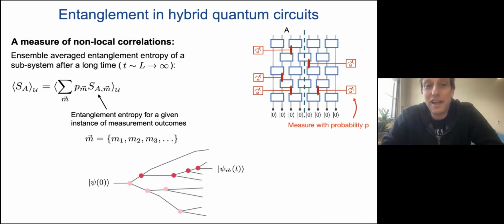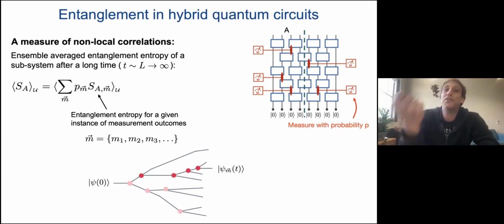Excellent question. I will show that more explicitly in about 3 transparencies, but what I'm averaging over is the entanglement entropy, which is nonlinear in the density matrix of the state at that particular point in time. If I averaged first over the density matrix and got the average density matrix, that would be the same as the open system.